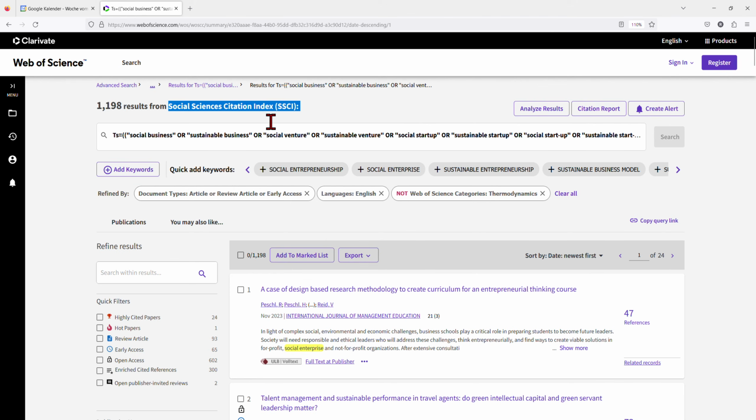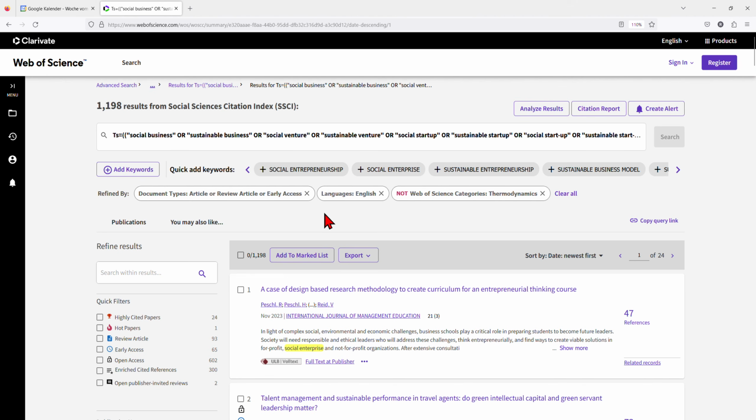You can also search in the other databases, and in this case it would even be broader. So very often in the Web of Science it is not really necessary to restrict the subject areas any further, but it might be more relevant in other databases such as Scopus or EBSCO, because they search even broader, beyond the social sciences.